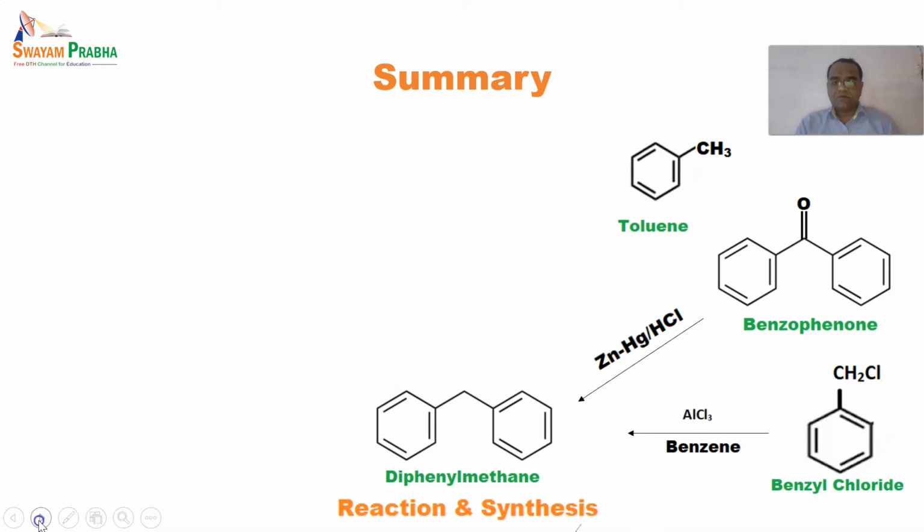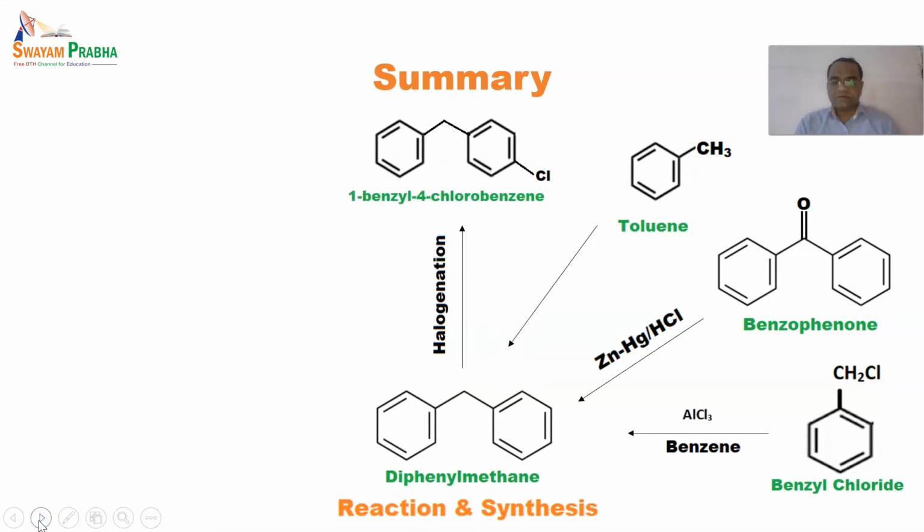After that, toluene. From toluene it is again a multi-step type of reaction, just mentioned over here as a starting material. Now reactions of diphenylmethane. After halogenation it forms a chloro derivative.